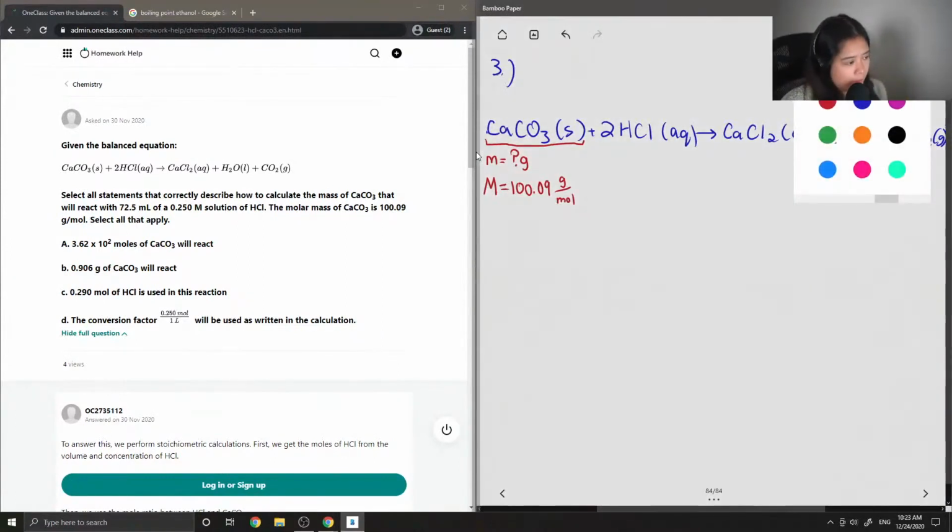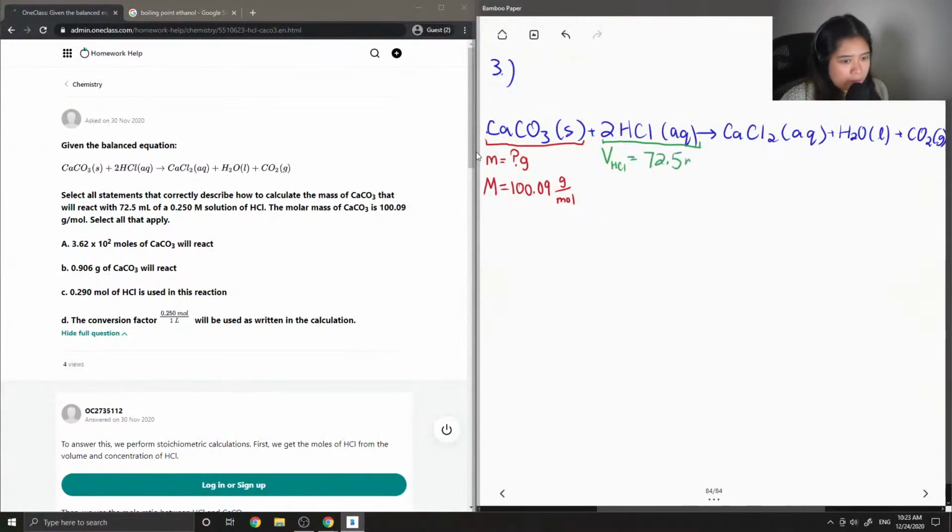And for HCl, they give us the volume, which is 72.5 milliliters, but I will convert it to liters just so that everything is in the same units, because the concentration of HCl is equal to 0.25 moles per liter.